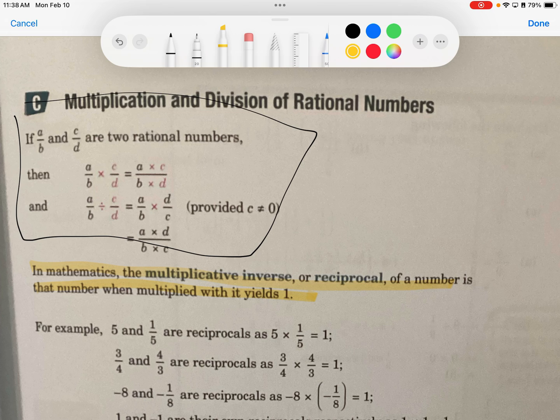So what we're saying is if we have these two rational numbers, then multiplying them equals this, and dividing them is when we are multiplying by the reciprocal. So notice C over D changed to D over C. So A times D equals B times C, provided C does not equal 0.